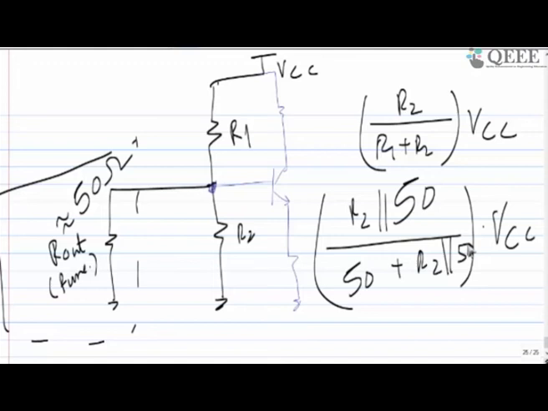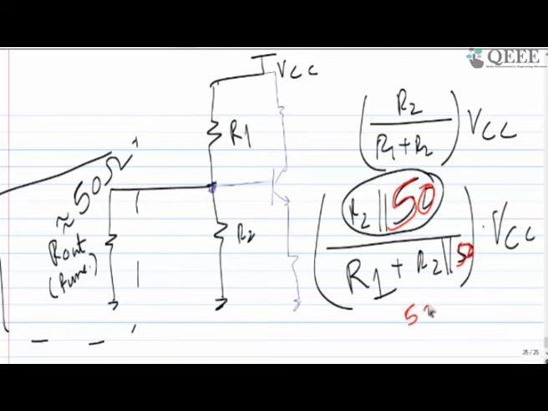so it's R2 parallel 50 divided by R1 parallel R2 parallel 50. So in this case, if your R2 is very big compared to 50, and of course it will be bigger than 50 ohm, very big, maybe even in kilo ohm, 50 is winning. This side also 50 is winning.